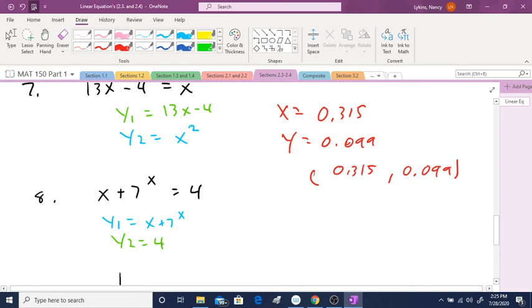So if you go back to your y equals on your first step, clear out your y1 and y2 from your other example, and then put in x plus 7 to the x for y1 and put 4 for y2. And then after you do that, you go to second and trace, option number 5, which is the intersect.